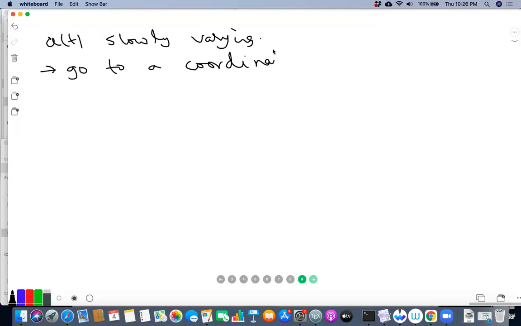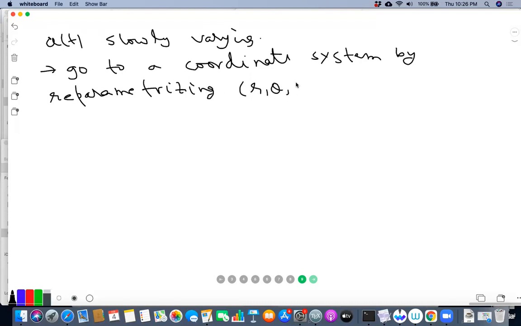So if we take A of t to be slowly varying, then we can go to a coordinate system by reparametrizing r, theta, phi such that Gij is delta ij.